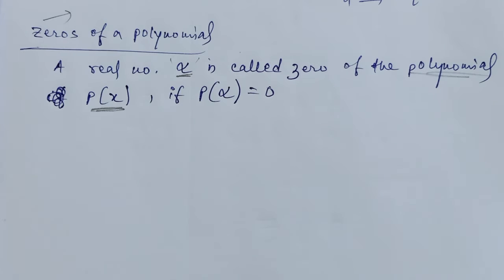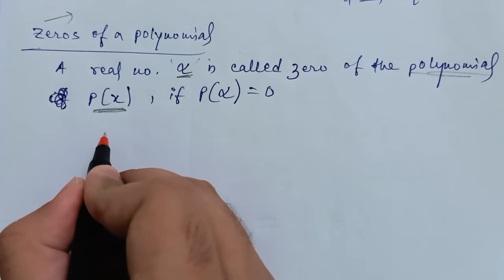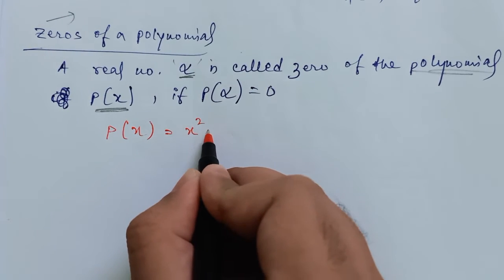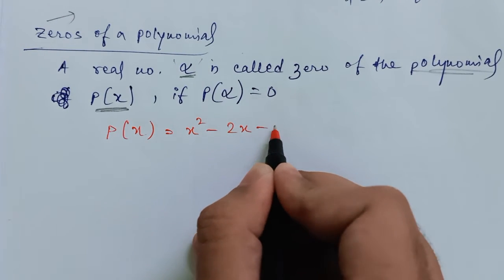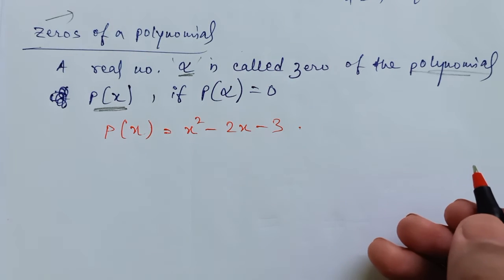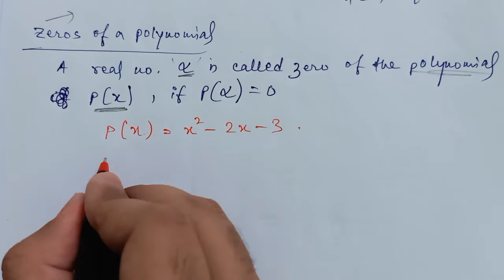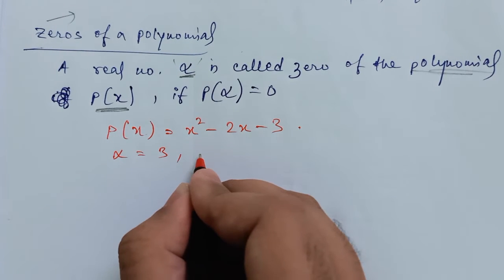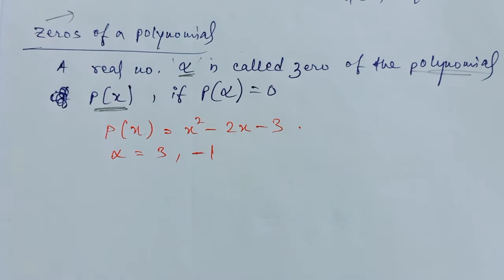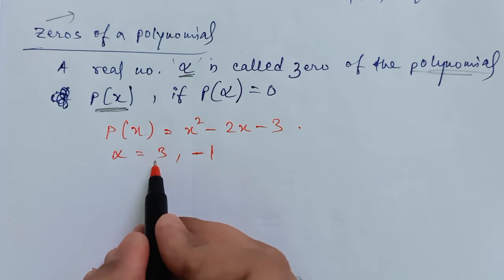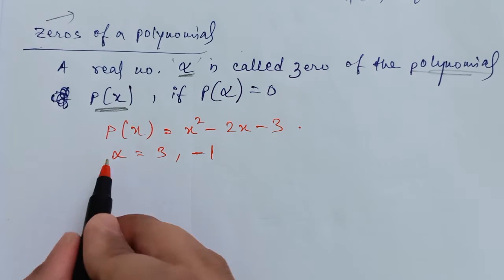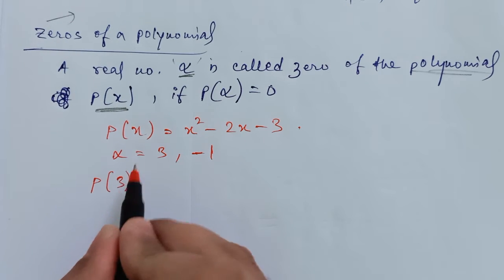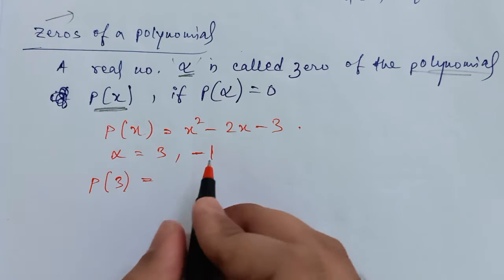For example, say p(x) is given to me as x square minus 2x minus 3. Let us say alpha is 3, and minus 1; there are two values of alpha, let us assume. Let us put 3 first in this polynomial, so I'll be finding p of 3. I'll be putting 3 in place of x throughout the polynomial.